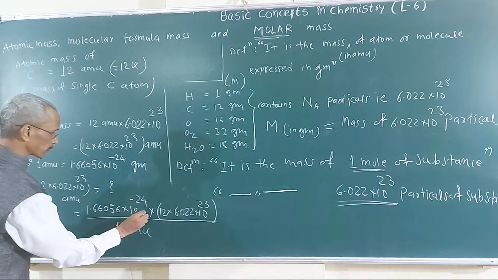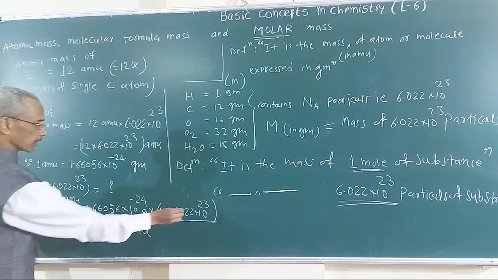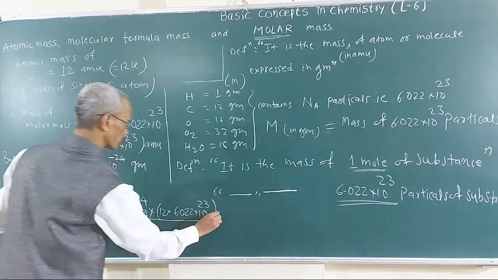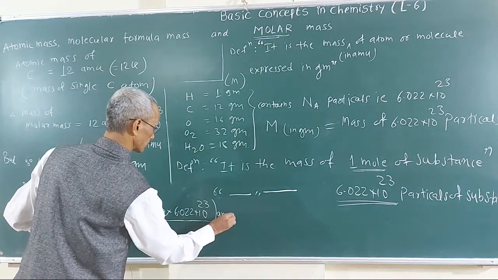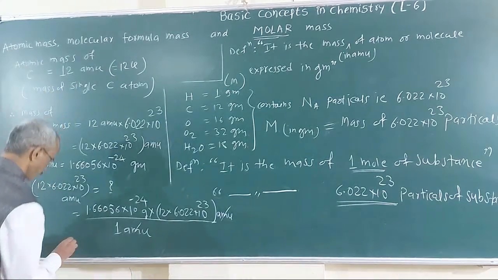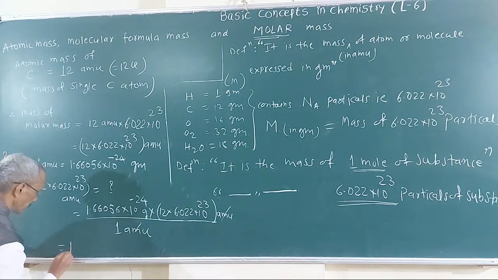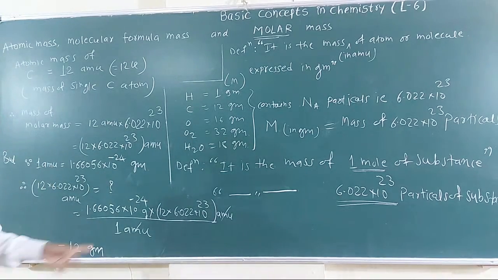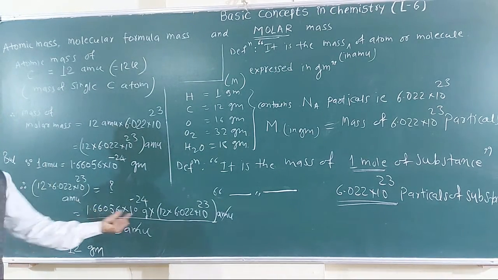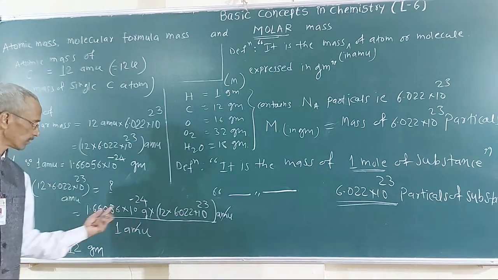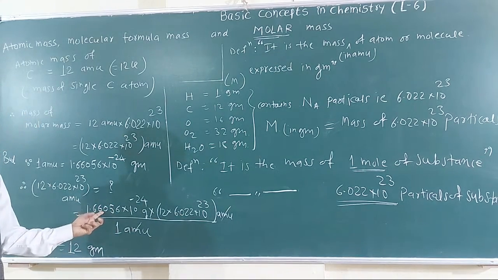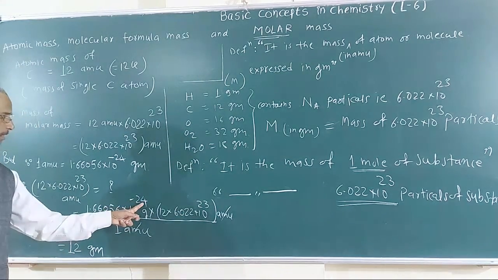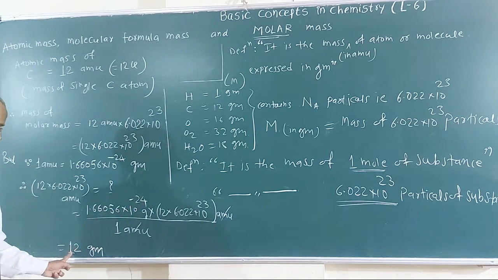This is in grams. And it is found to be 12 grams. So 10^-24 times 10^23 gives 12 grams.